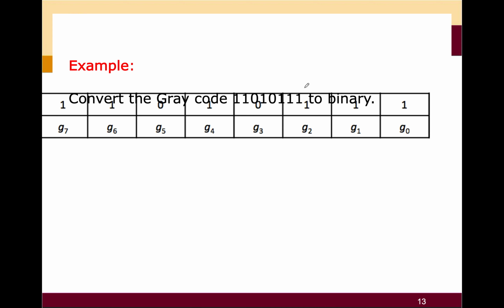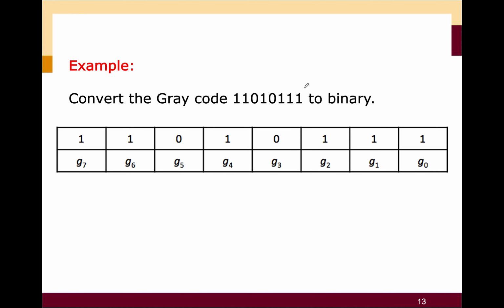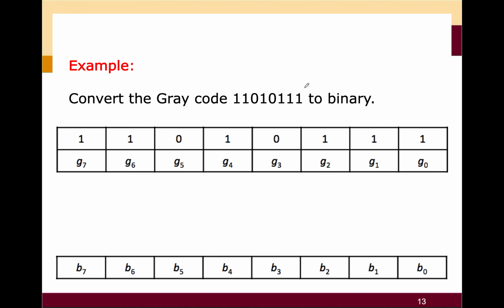Let's move to another example, but this one is you convert gray code to binary. It's basically similar, only it's the reverse scenario, because you have the gray code on top and the binary code below. So let's say you have 11010111.